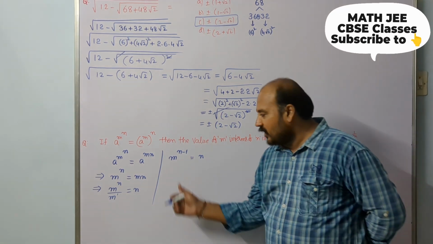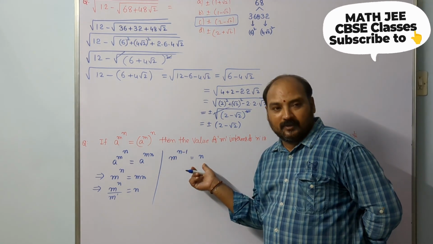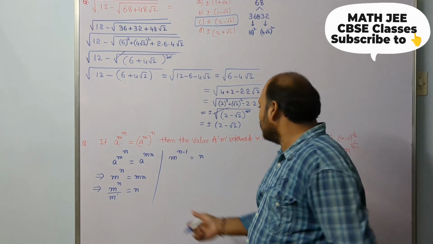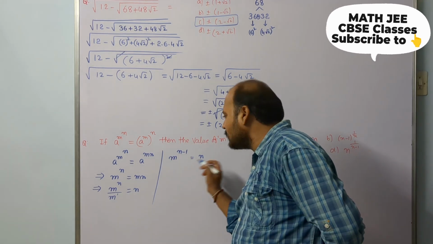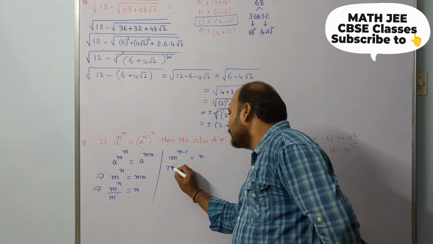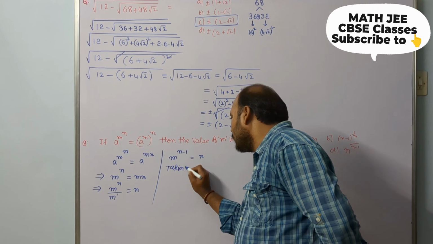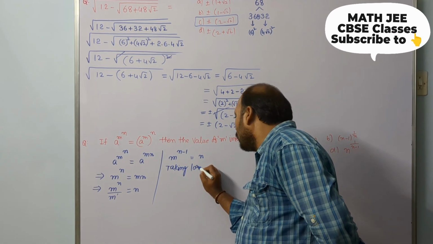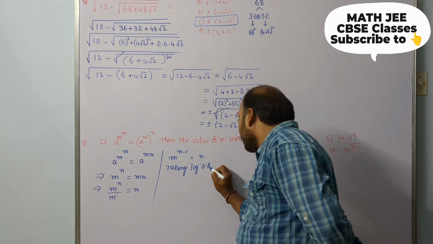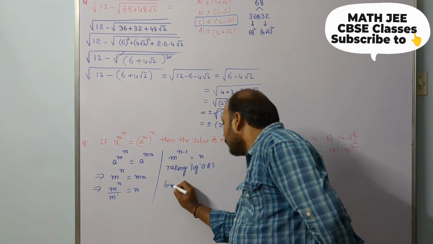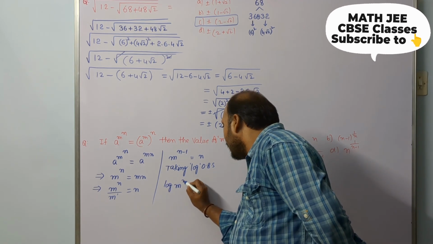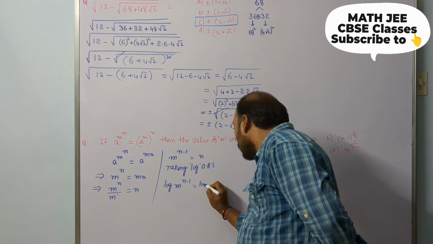By definition of logarithm, a power x equal to n, then x equals log, by definition of logarithm. Otherwise, taking log on both sides, that is better. Some students are not able to understand that. Taking log on both sides, so what will come here? Log m power n minus 1 is equal to log n.